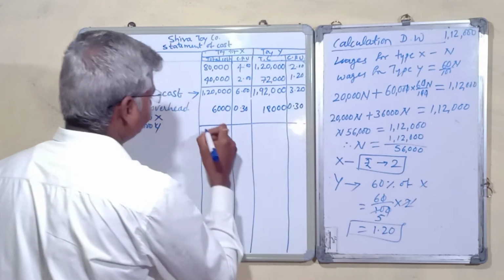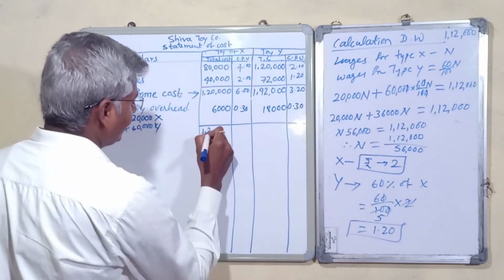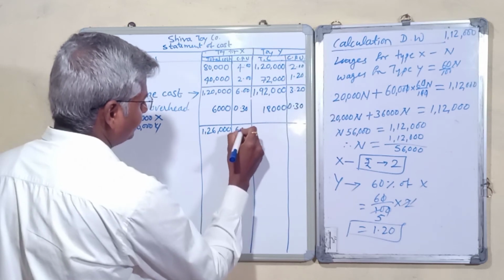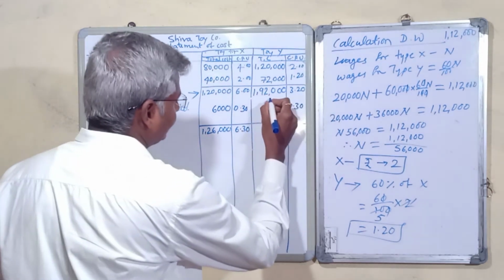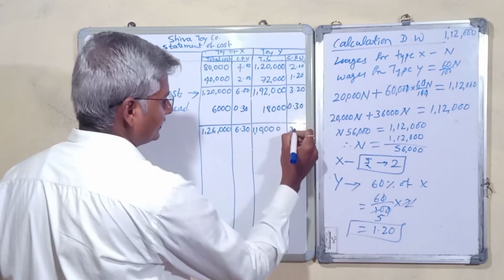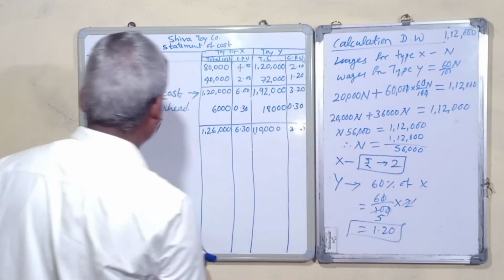We add these two: 1,26,000. 6 plus 30 paisa is 6 rupees 30 paisa. 1,92,000 plus 18,000 is 2,10,000. 3 rupees 20 paisa plus 30 paisa is 3 rupees 50 paisa.